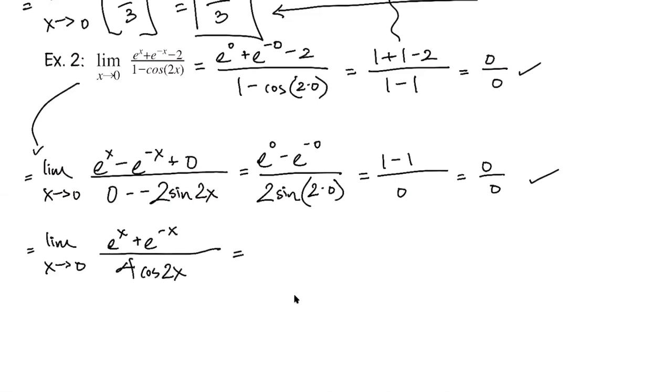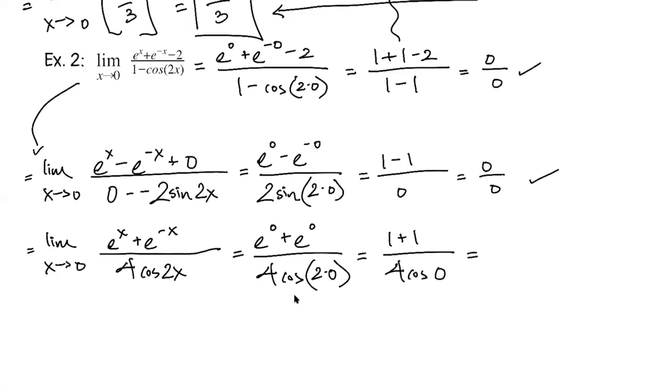Very good. And so let's try plugging in our numbers again. E to the 0 plus e to the 0 over 4 cosine 2 times 0. And so I get 1 plus 1 on the top. That's promising. And then 4 cosine 0 on the bottom. Cosine 0 is 1.